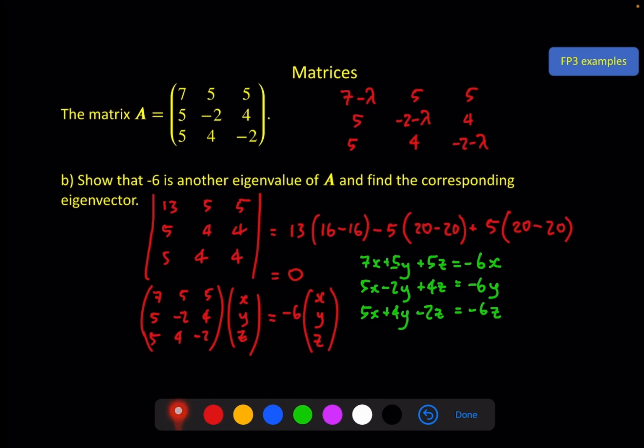So if I make y equals 1 and z equals minus 1, and then just check this last one here, minus 1 plus 1 cancels out, 7x equals minus 6x, yes, x will have to be 0, then that works. So 0, 1, minus 1 is an eigenvector. It's not yet a normalized eigenvector, but at this point they haven't asked us for that. So this is the eigenvector that corresponds to minus 6.